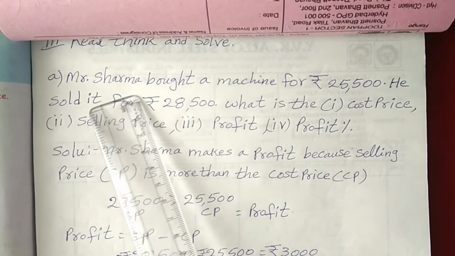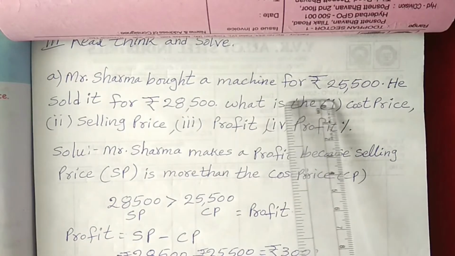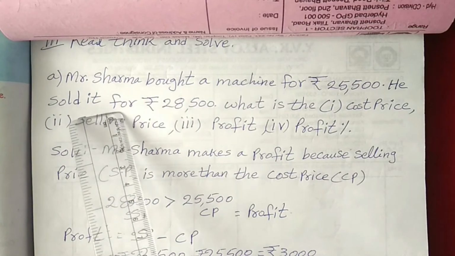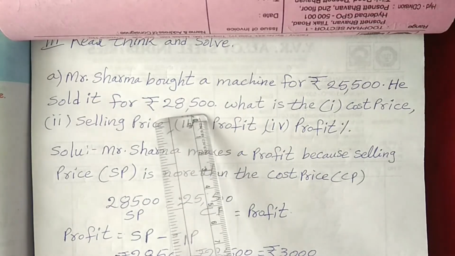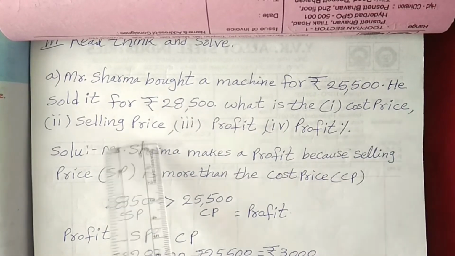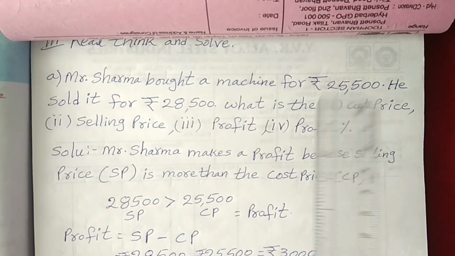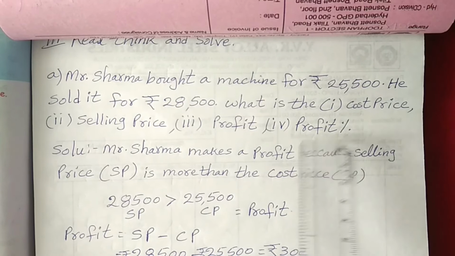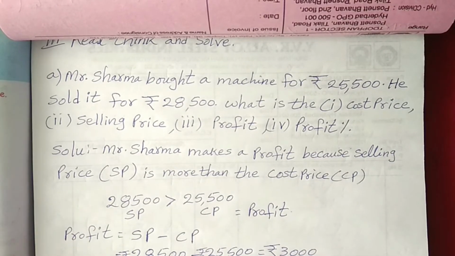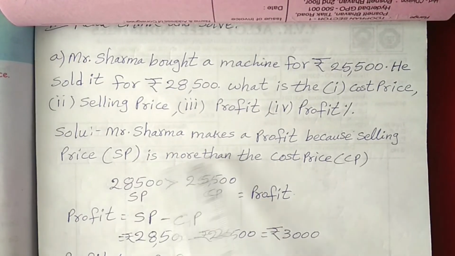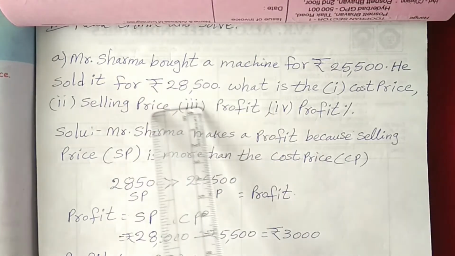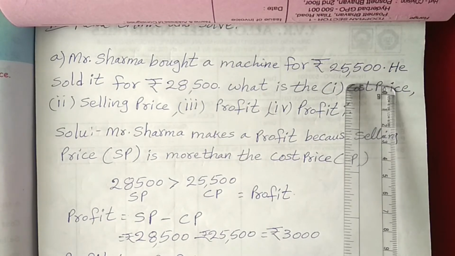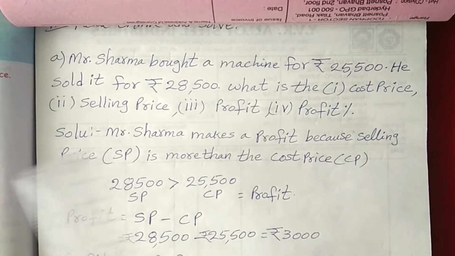Here first question. Mr. Sharma bought a machine for 25,500 rupees. He sold it for 28,500 rupees. What is the cost price, selling price, profit and profit percentage? So they have given the question like this. Now we have to find out the solution.